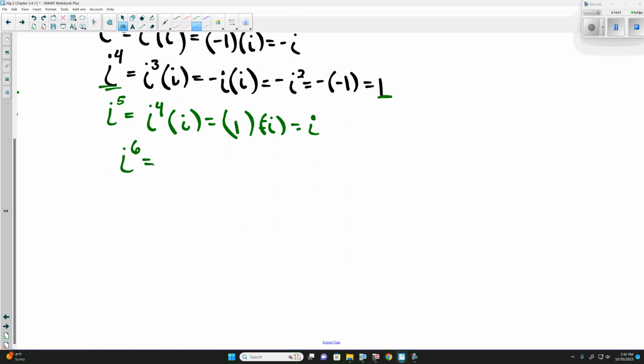Well, i to the sixth would be our i to the fifth times i. On the last one, i to the fifth, we found out it's just i. And i times i is negative 1.